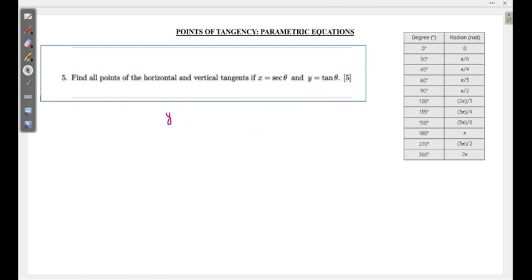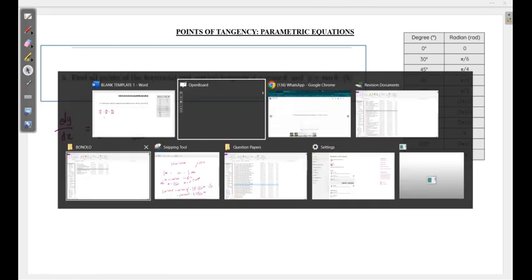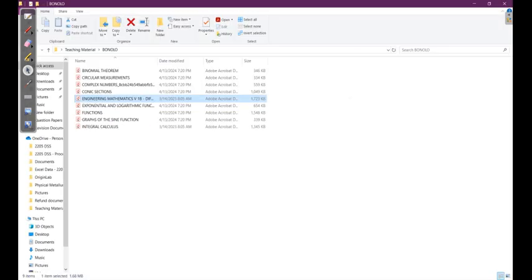Remember dy over dx would be equal to dy over d theta divided by dx over d theta. Then therefore you can then say what?